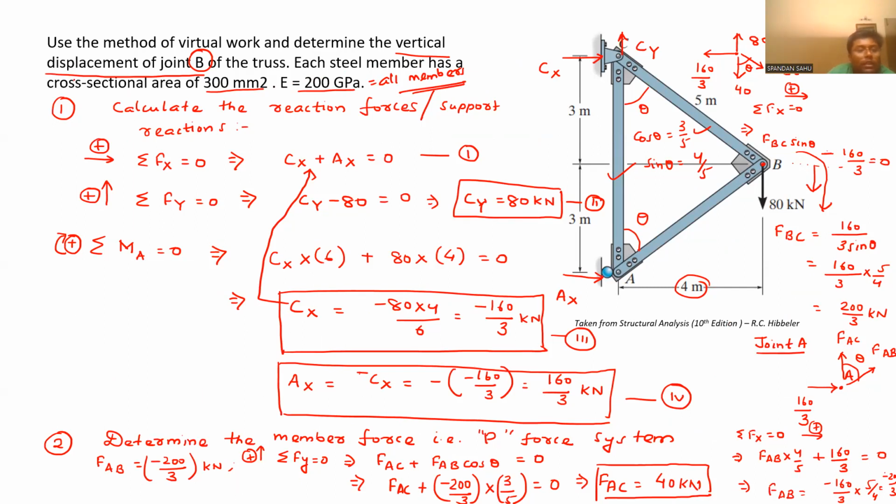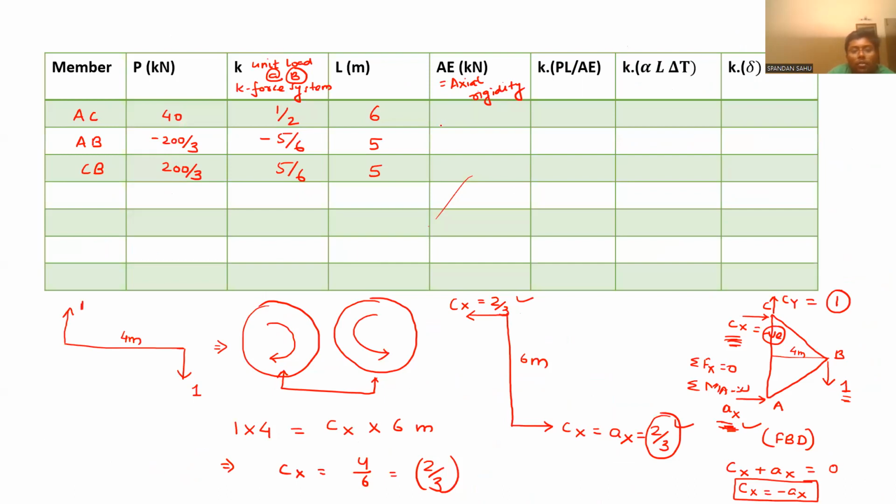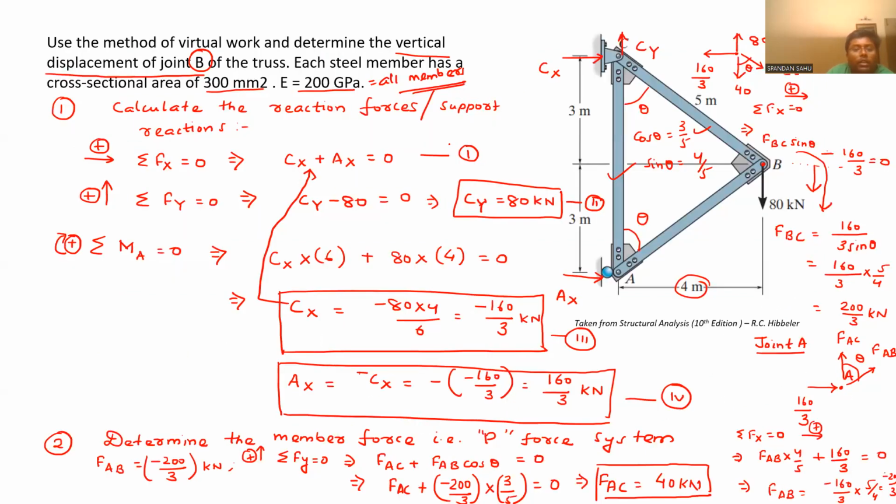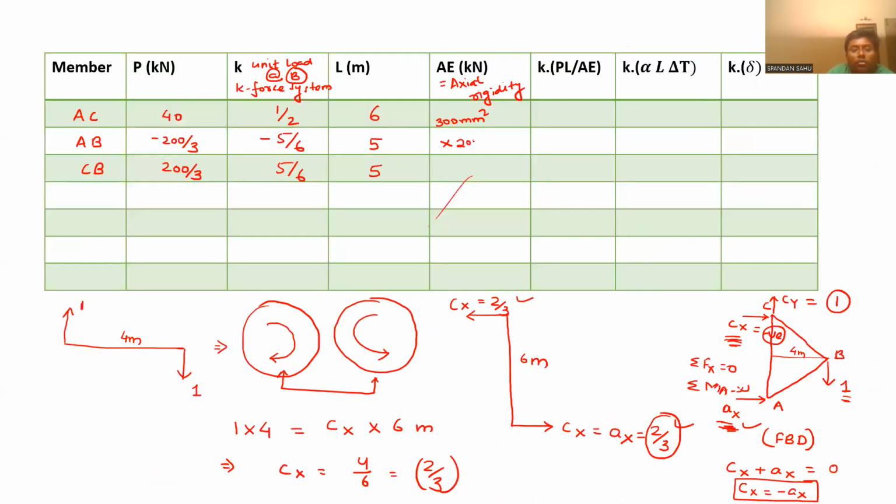So here A is 300 mm square into E is 200 GPa. So 200 into 10 power 9 Newton per meter square.